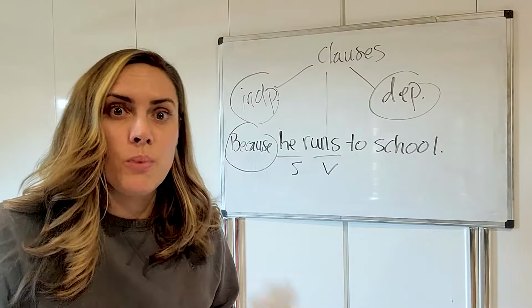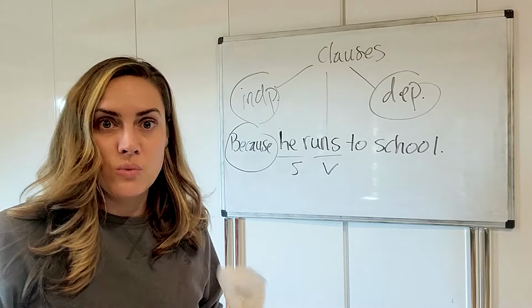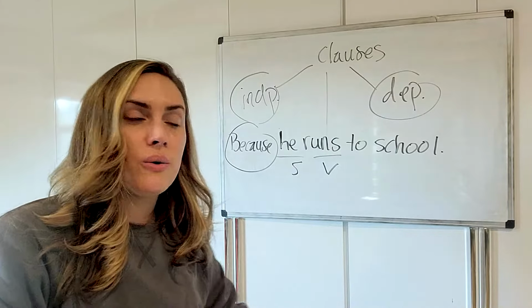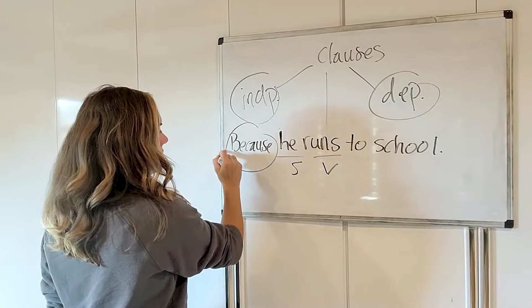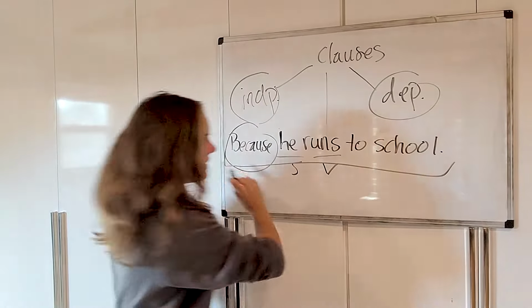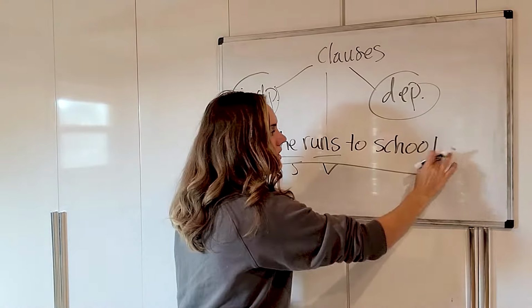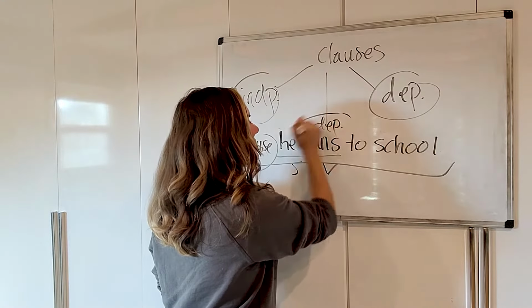So that's why subordinating conjunction is a good word to know, because subordinating, it makes it go below. So here, now this one, because he runs to school, is dependent. It's not complete. Okay, this is a dependent clause.